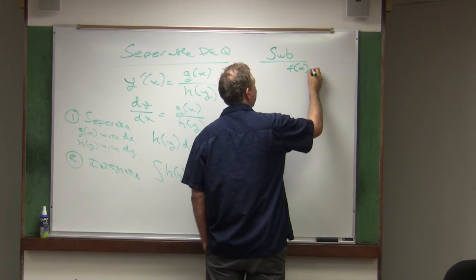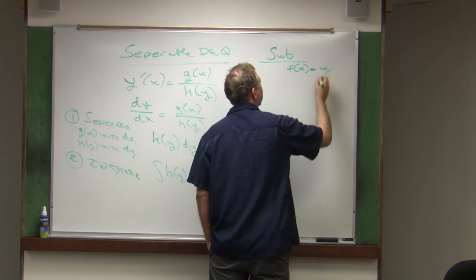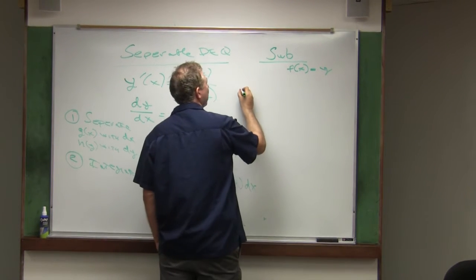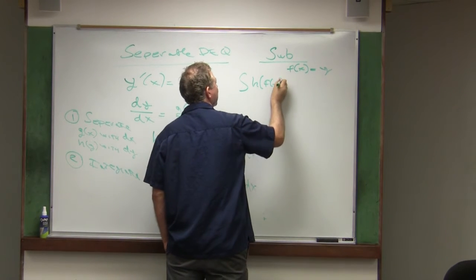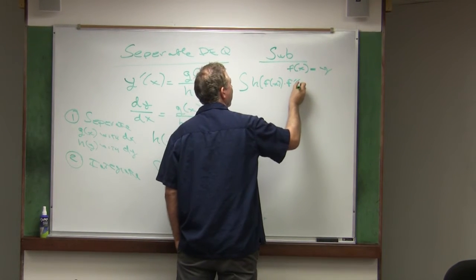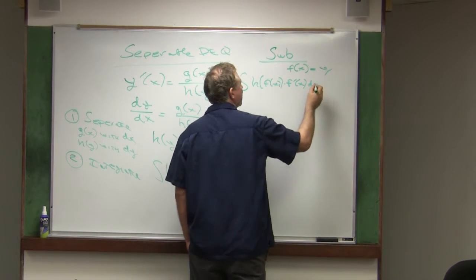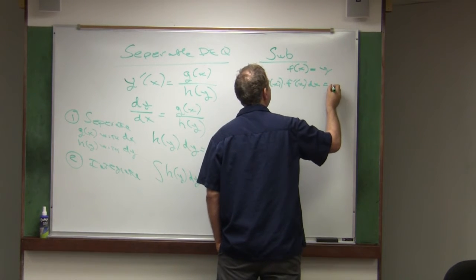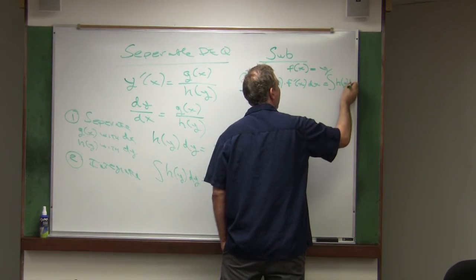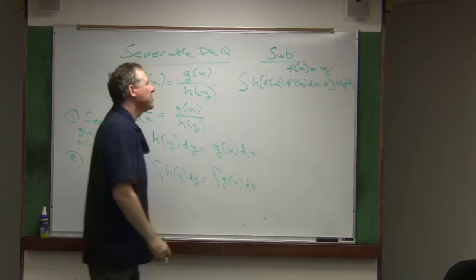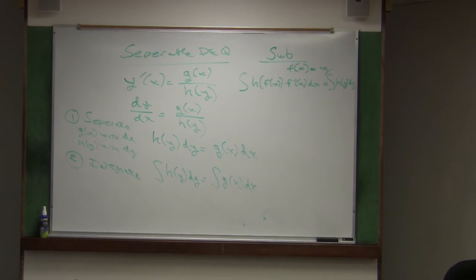And you give it a name like y, okay? And then you have something like the antiderivative of h of f of x times f prime of x dx is equal to the antiderivative of h of y dy. Okay? That's your substitution rule, right?